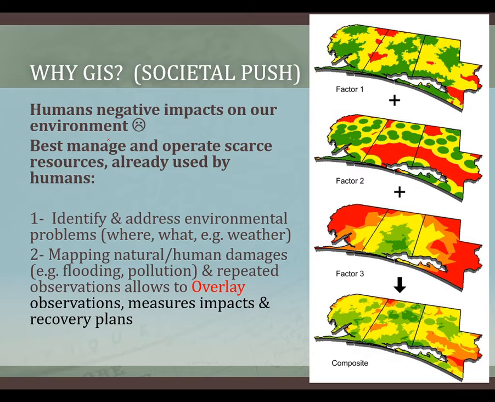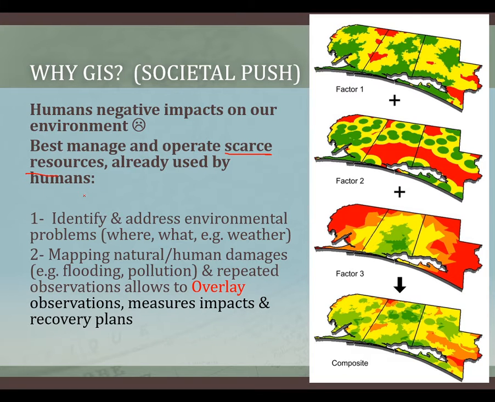So let's talk about the push first. Humans, unfortunately, are one of the worst creatures on this earth. We created very negative impacts on our environment, and since the land is so limited and the resources are very, very limited, we want to best manage and operate these scarce resources that are already used by humans.